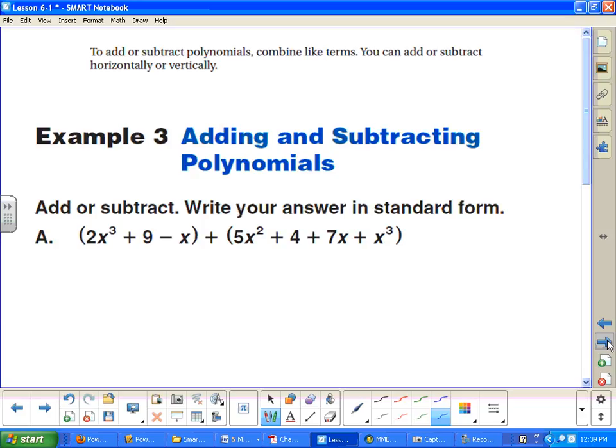Now, one thing that's going to happen, and I want you to understand this now, I'm going to mention it now. When we get to chapter 9, I think it is, we're actually going to be doing the same thing we're doing here in chapter 6, but we're going to throw a little different terminology at you.